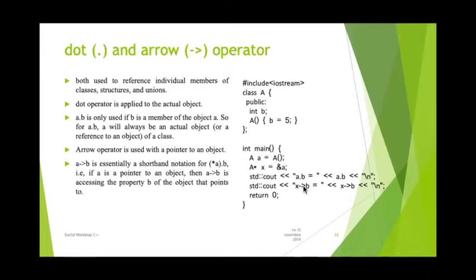So I'm just calling the data member using these two objects, and it's a different way of calling. It's a pointer and it's an arrow. So it will give you the same value. It's just a way of calling them or creating the objects.